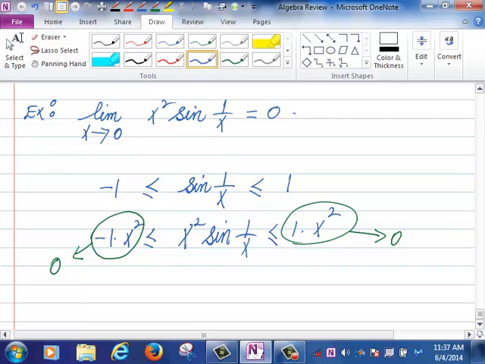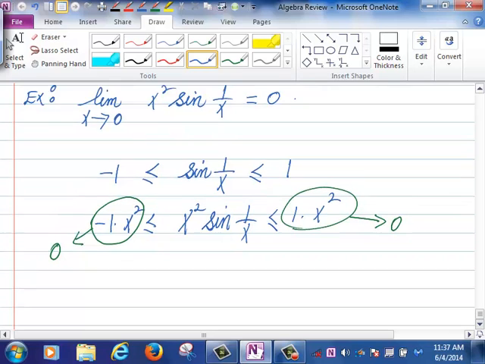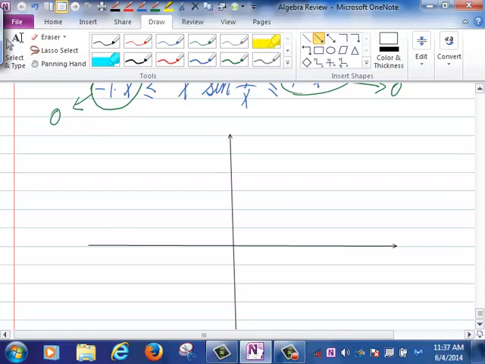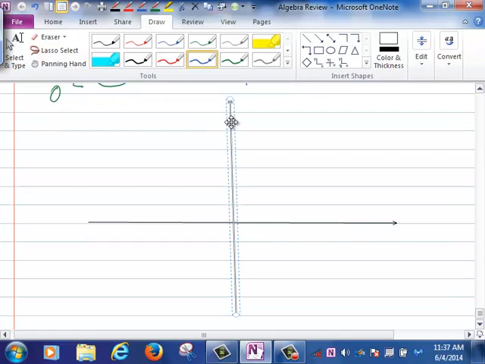Let me draw the graph of this to illustrate what's going on here. Let me make my x-axis right here, my y-axis right here. Okay, let's see how the parabolas look, right?